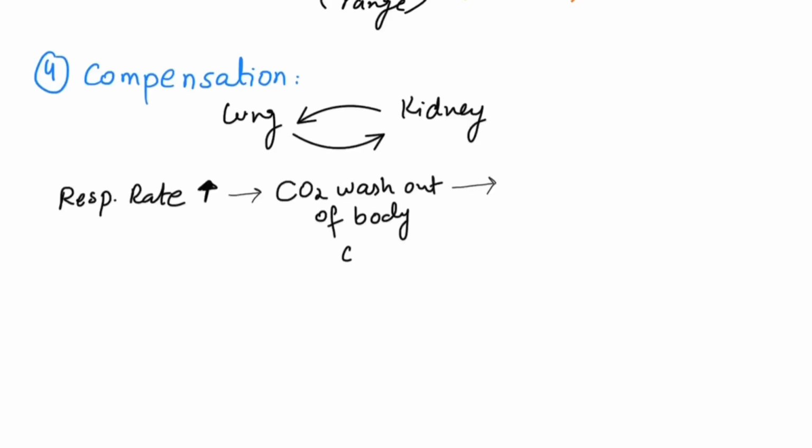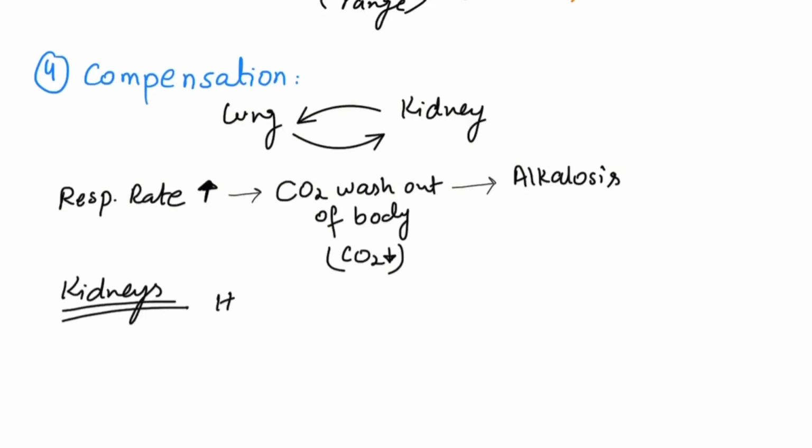So what really happens is that when there is a disturbance in the body, the lungs and the kidneys will work out to compensate for that. For example, if the respiratory rate was high, that was leading to carbon dioxide being washed out of the body, which means less carbon dioxide remains, and it will lead to respiratory alkalosis.